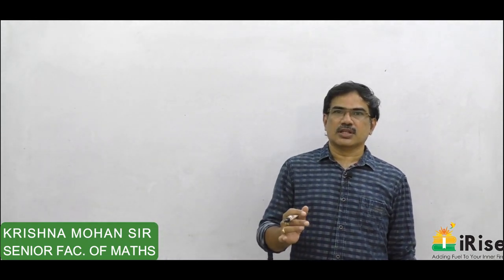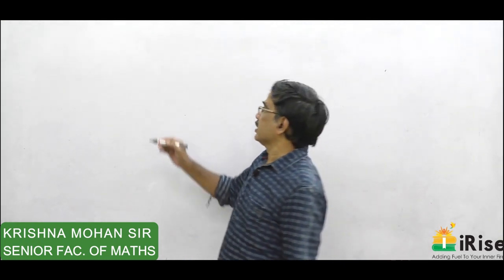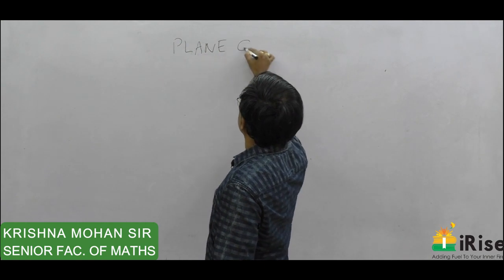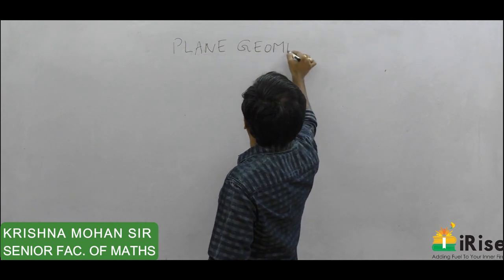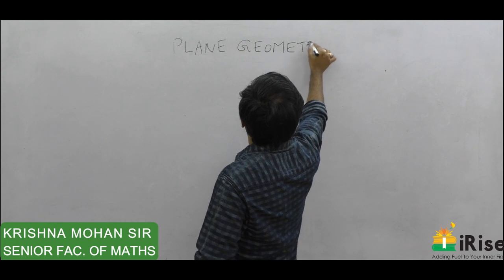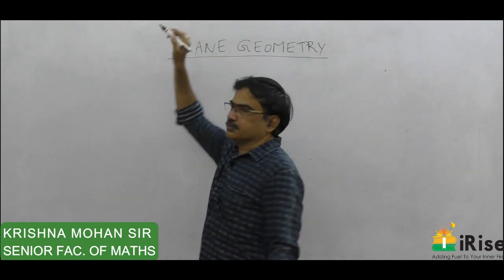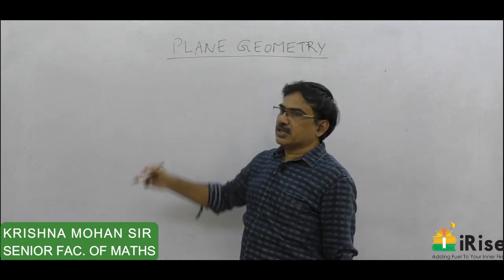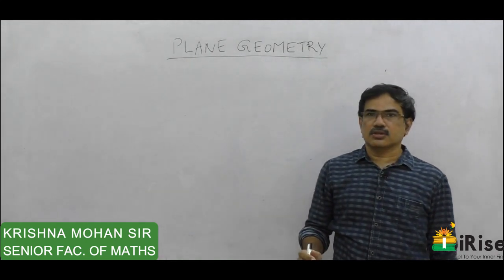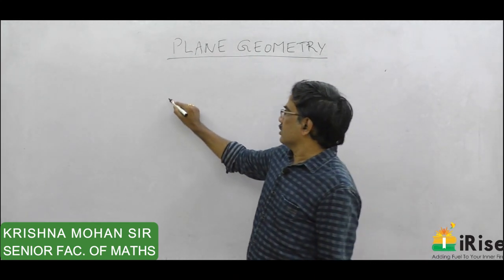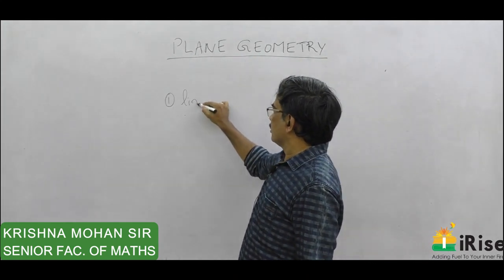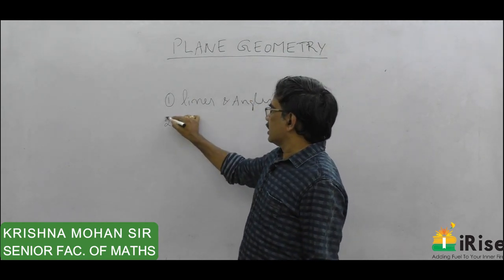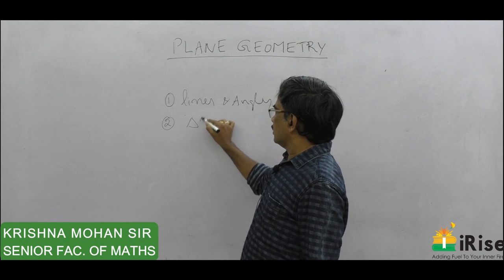Today I want to discuss plane geometry. So this is plane geometry. Actually there are 5 subtopics in plane geometry. One is lines and angles. Second one is triangles.